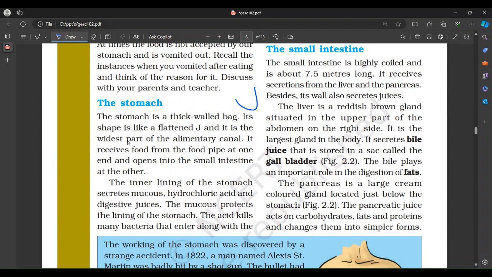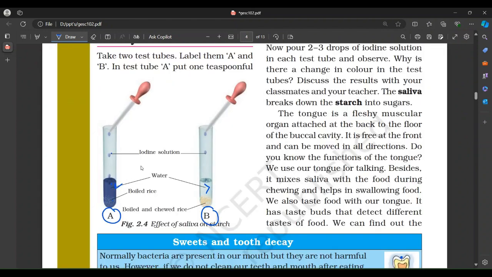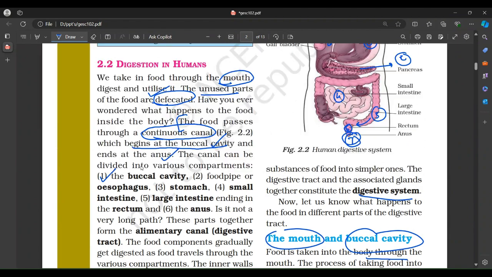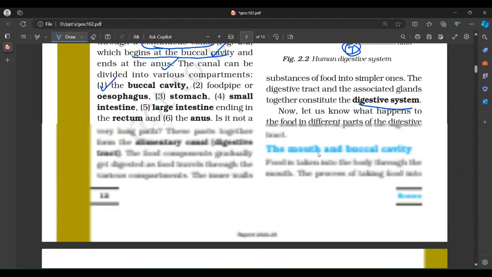You have to underline this. It receives food from the food pipe at one end and opens into the small intestine at the other. Let me show you the picture again. See, here your stomach is starting. This is the first opening and the second opening. Next.